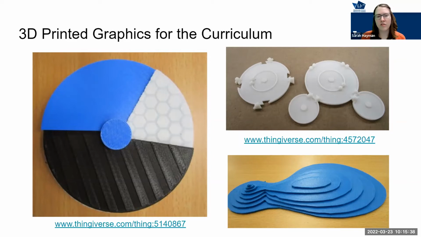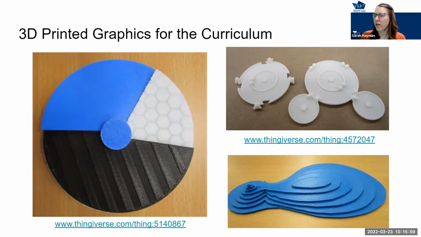It's interactive, so each of those three sections, you can move and make them bigger or smaller. They rotate around the center. Each section also has a different texture on it so that it feels different, and a different color for a low vision student to still be able to use this pie chart.